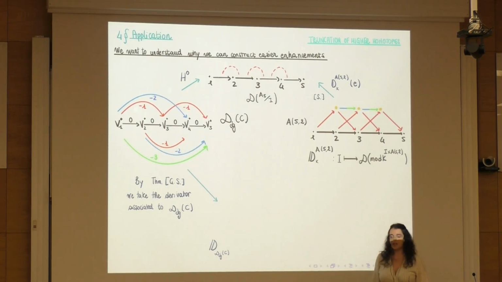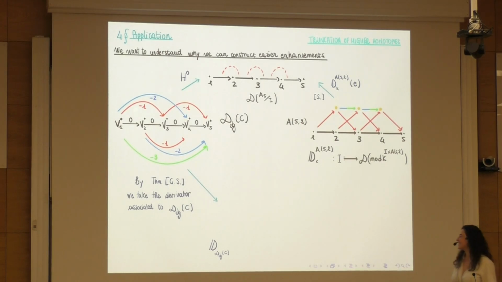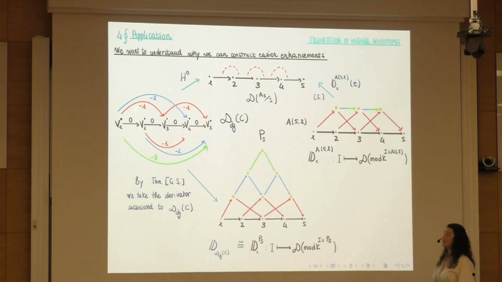So this is a joint work in progress for a reason. One of the reasons is that I still don't have all the details of this equivalence, but I'm confident that this derivator that you get via the theorem is actually equivalent to a derivator which is described by a poset which looks like a pyramid. So the colors here are not random, but they are in correspondence with the arrows in the DG category.